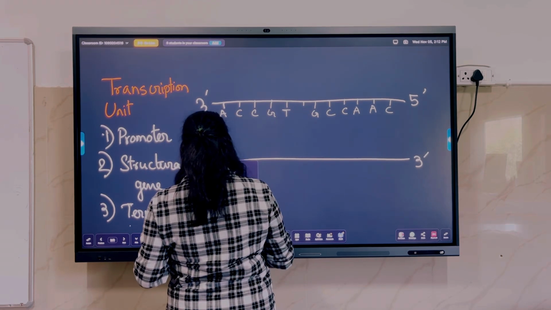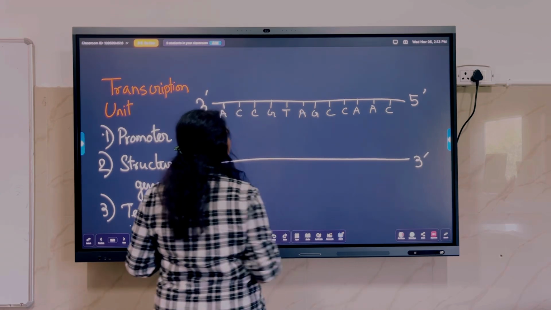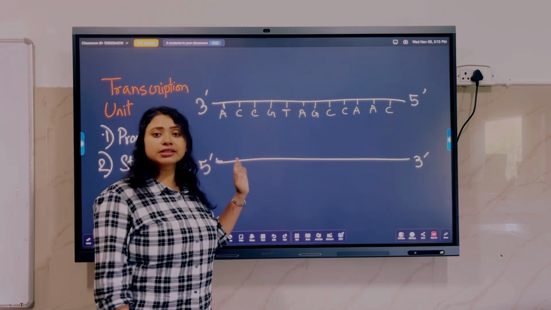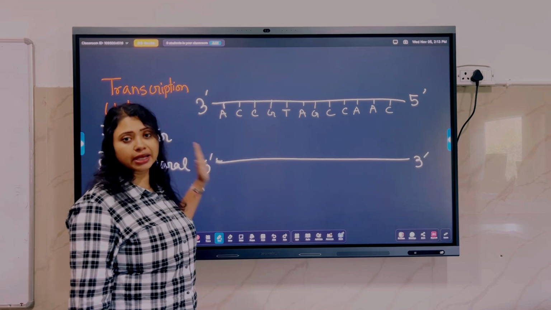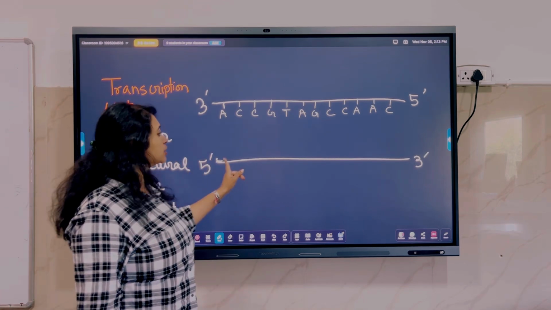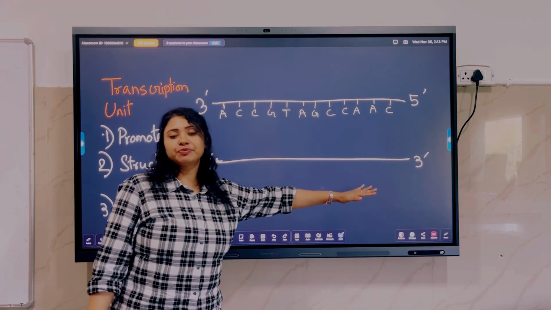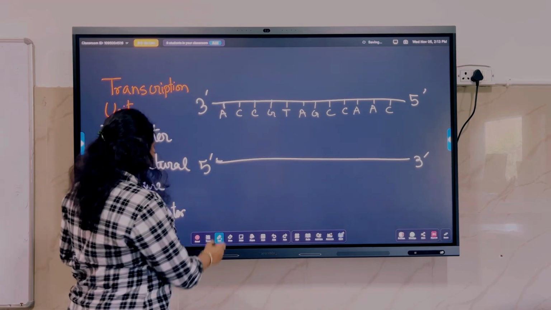Here I am going to use A. So once we check this strand, we can easily understand what the coding is in the anti-parallel strand, the opposite strand.